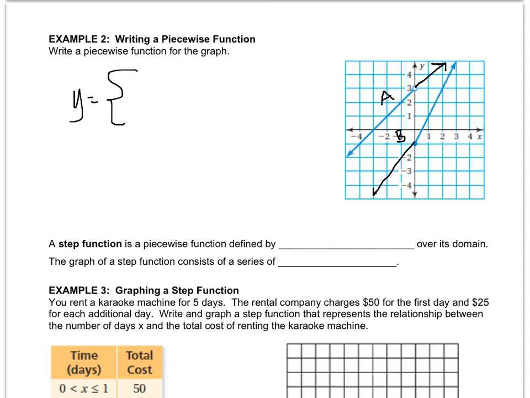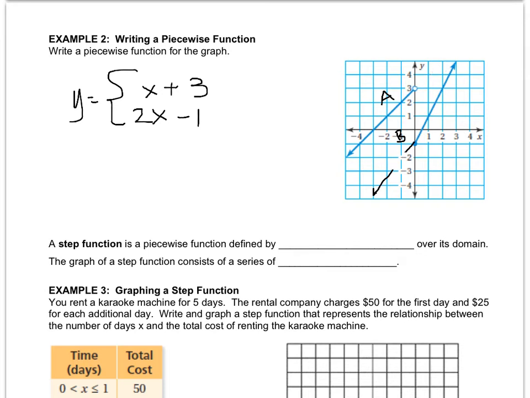Line A has an intercept of 3 and a slope of 1. So that's the line y equals x plus 3. We'll take care of the domain in a second. The other graph, line B, has an intercept of -1 and a slope of 2. So those are the two equations that make up my graph.